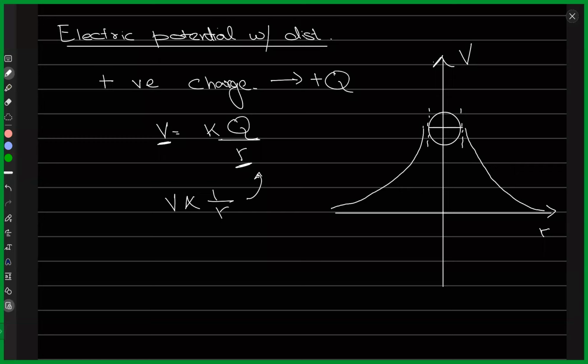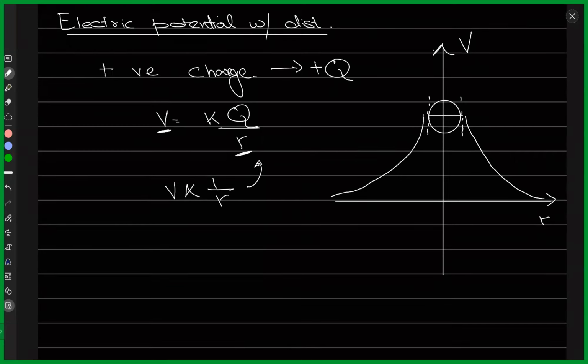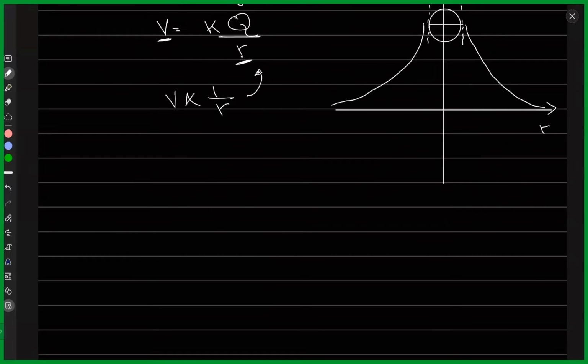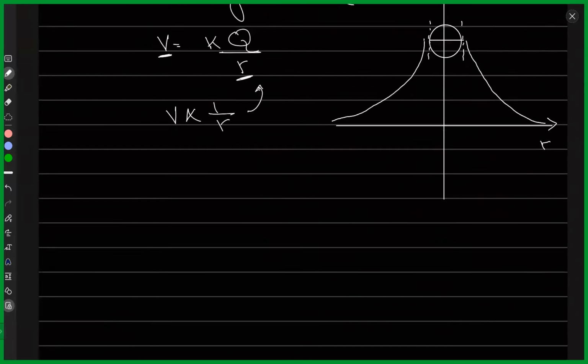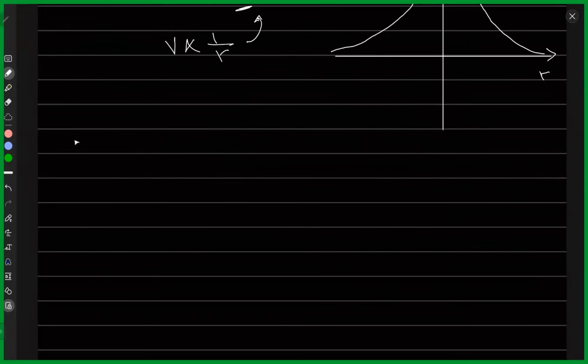Okay. Now we can do the exact same thing for a negative charge, right? So let's take a negative charge. And you can immediately see the difference if you look at the formula.